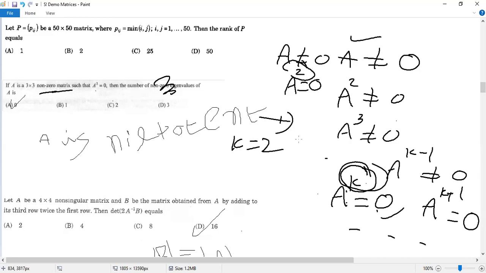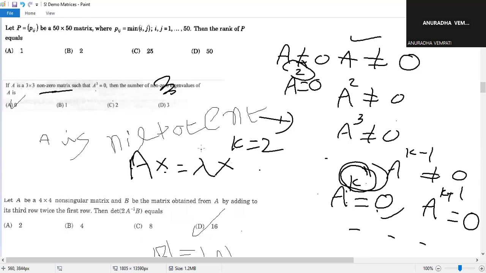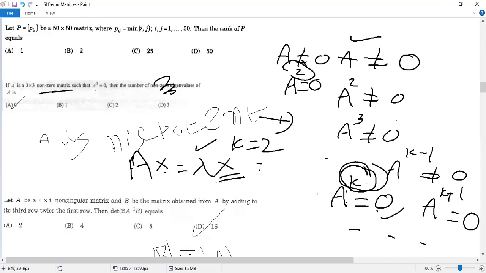Now, there is again another shortcut. You know what eigenvalues are? If Ax is equal to lambda x, there are 2 to 3 definitions. If you are able to find a non-zero vector x such that Ax equals lambda x, then lambda is called the eigenvalue and x is called the eigenvector. This is one definition.